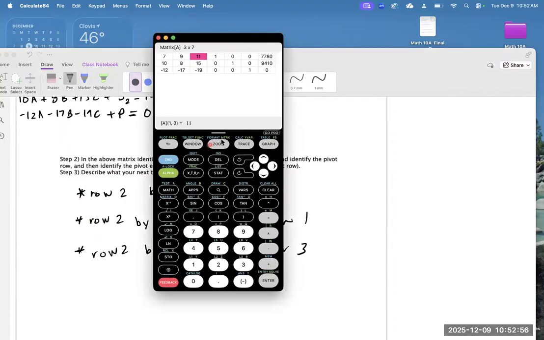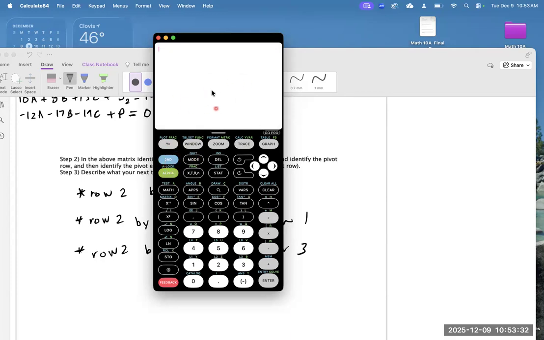So I go second matrix, now I go to math. You can scroll either up or down to get to this times. I wanted to just times a row by something, so I'm going to choose that. Oh, hold on a second. Let me get out of this screen because I'm in the wrong screen right now.